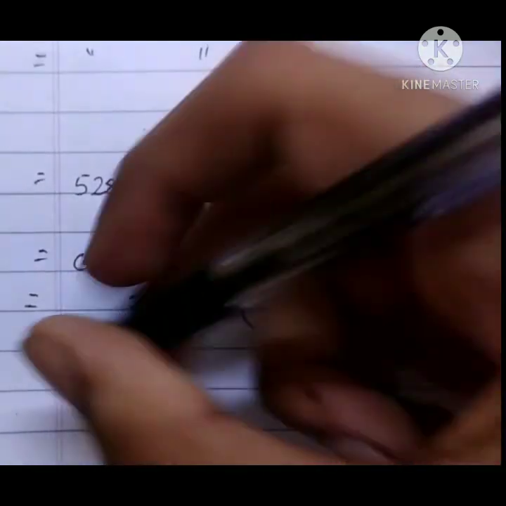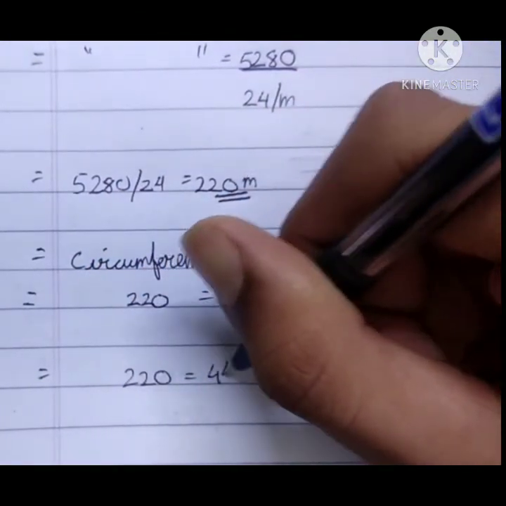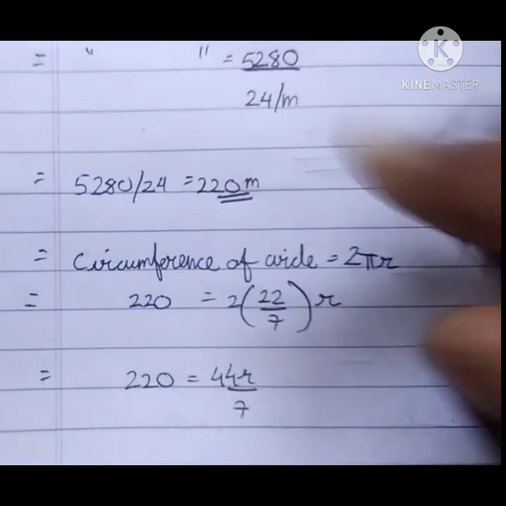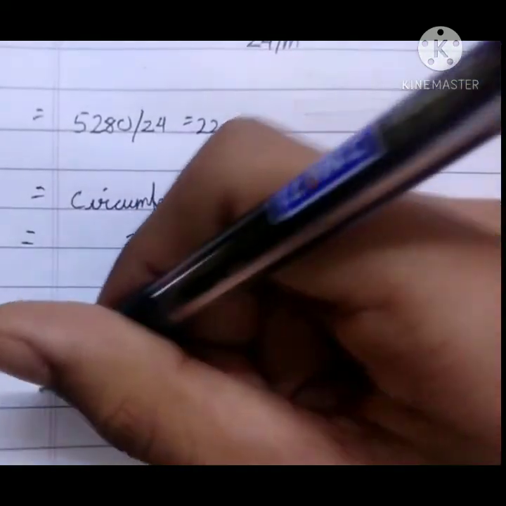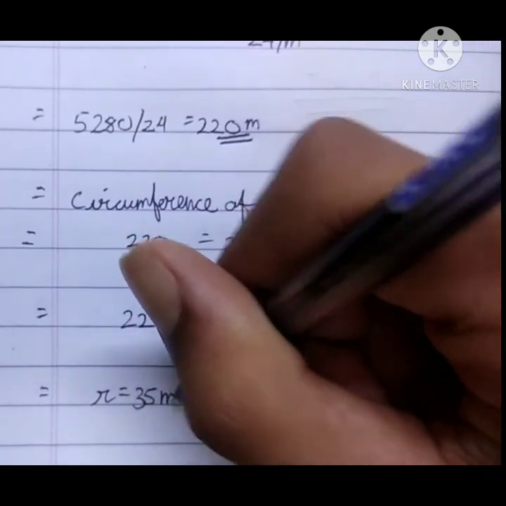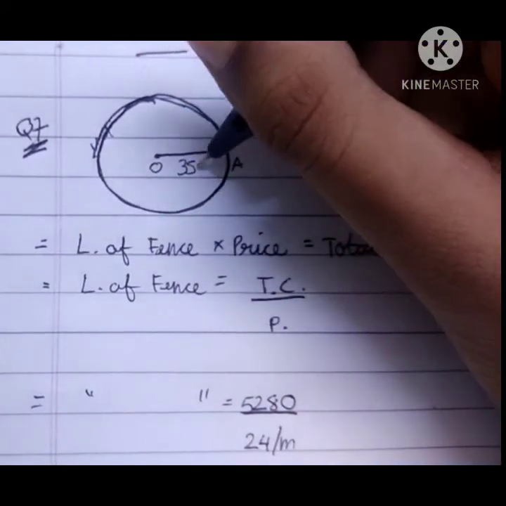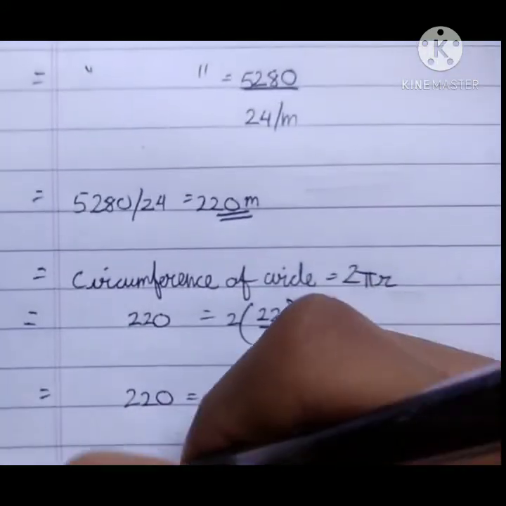So here you have to just solve it. 220 is equal to 44r by 7, and consequently r results in 35 meters. So the radius OA of the circular field is 35 meters. 35 meters is our answer. Question is done.